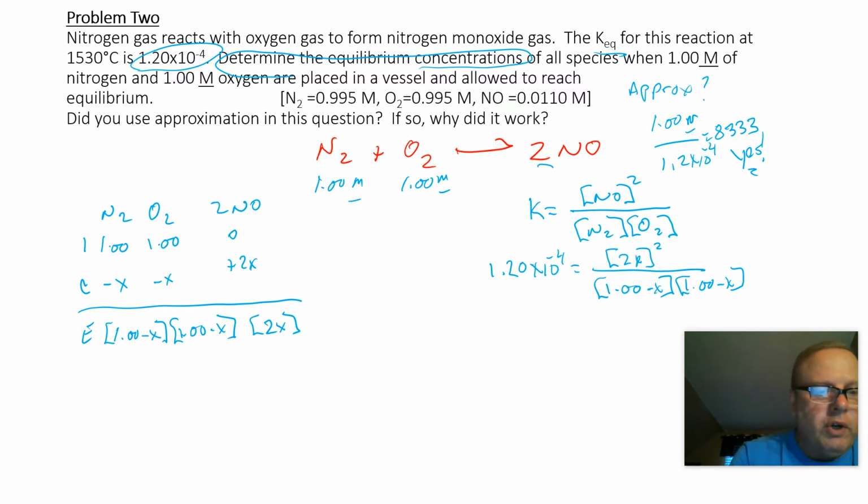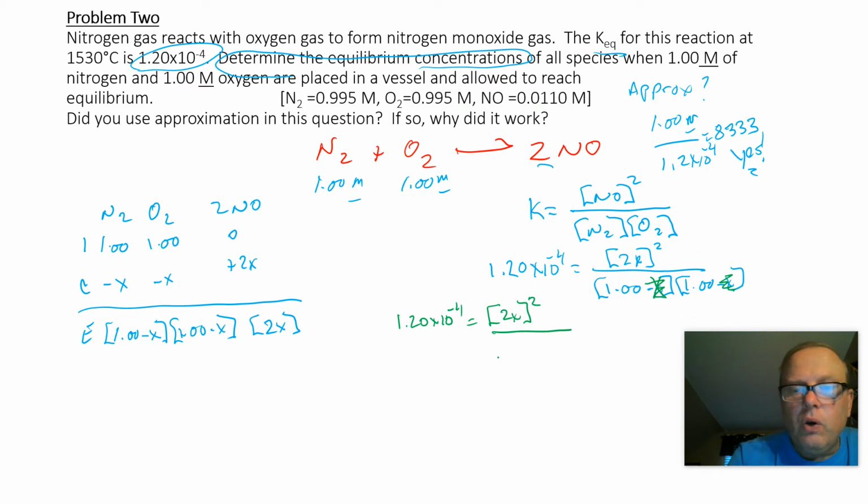Now, the first thing I want to notice here is that because we can approximate on this question, I'm going to get rid of these. So they're not there anymore. And what I now have is this. I have 1.20 times 10 to the negative 4 is equal to 2x squared over 1.00, now that I've gotten rid of that, squared, because there's 2 of them, so they're times each other.